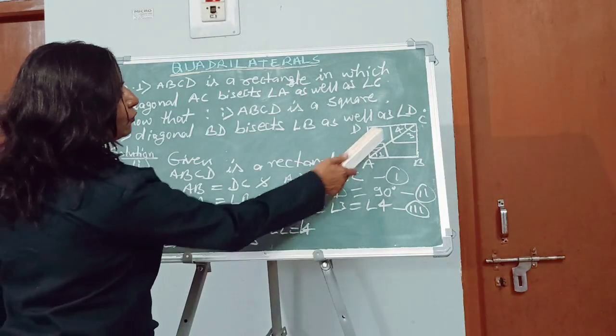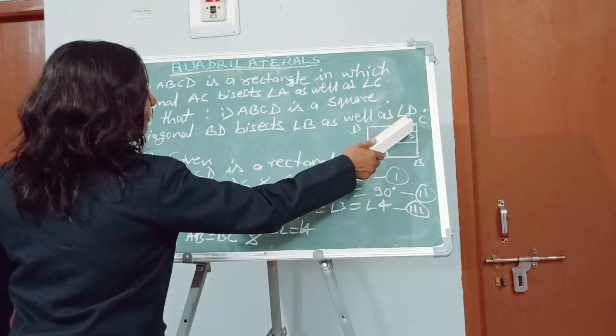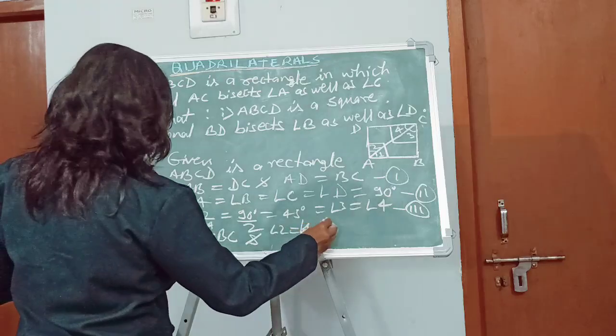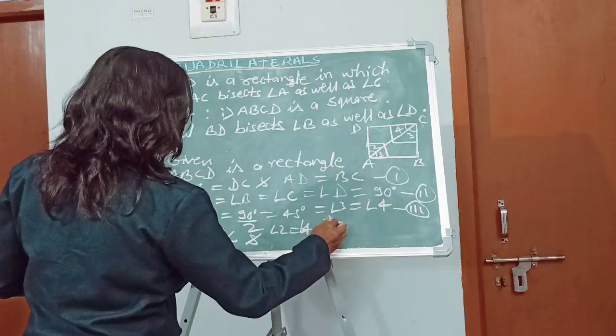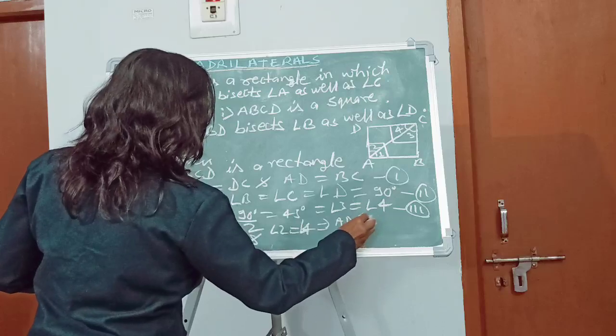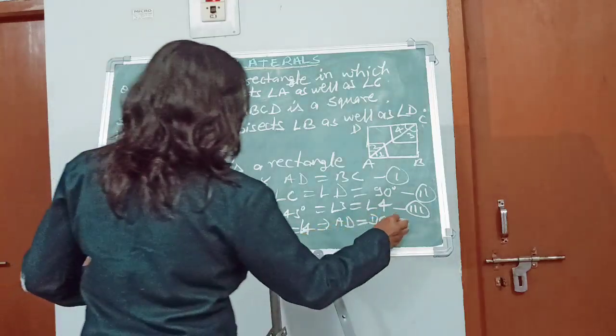The side opposite to angle 2 is CD and the side opposite to angle 4 is AD. This implies AD is equal to DC, and this is equal to 4.